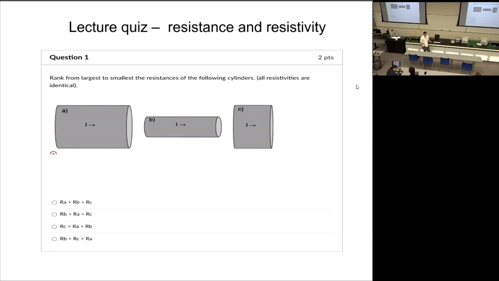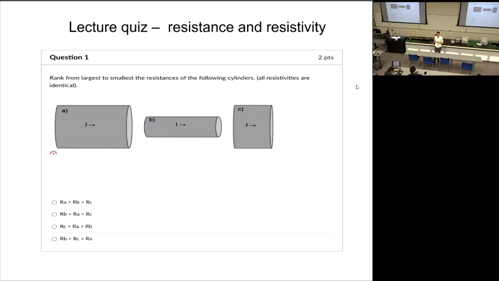Okay, let me get started again. Let's just go through the answer to this problem. We want to order the three samples from largest resistance to smallest resistance. Given that they're all the same material, what would make a large resistance?